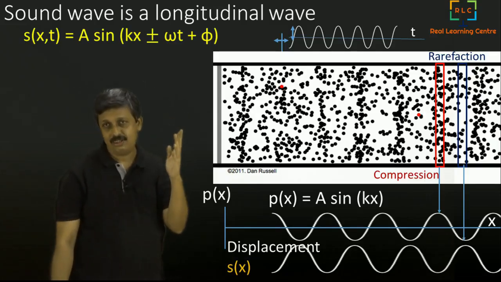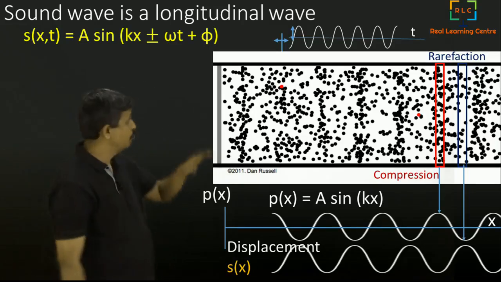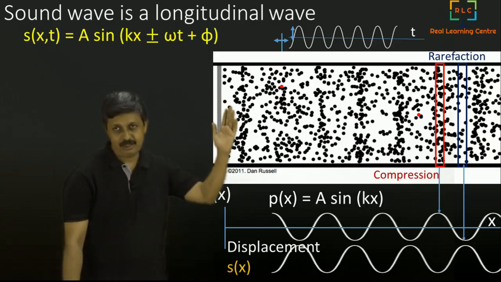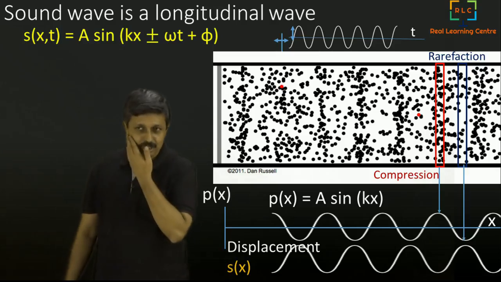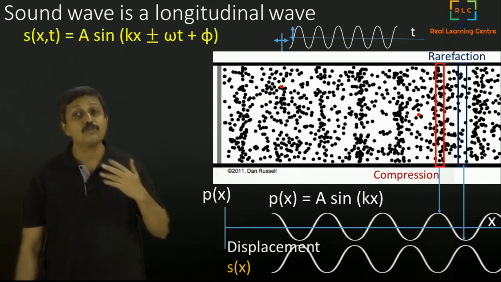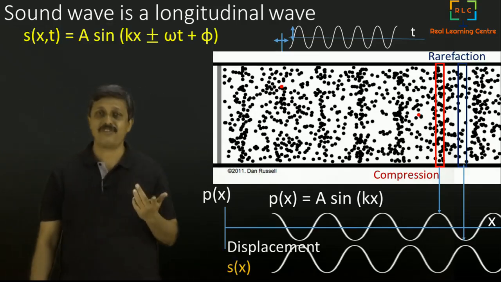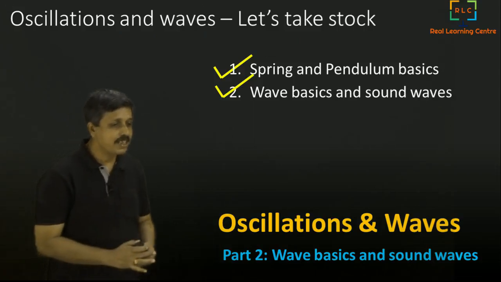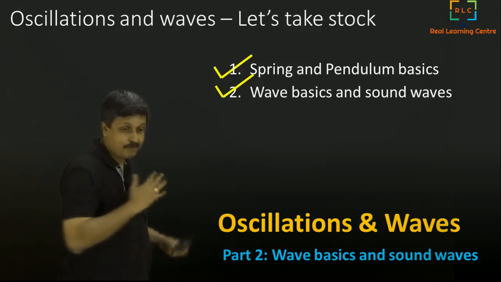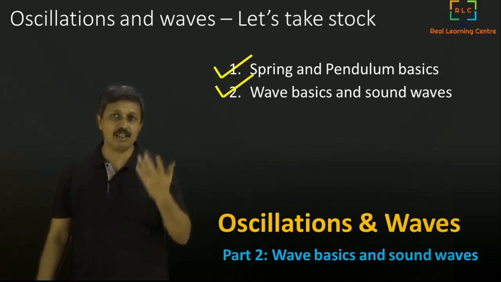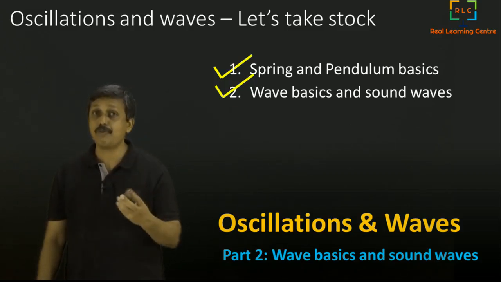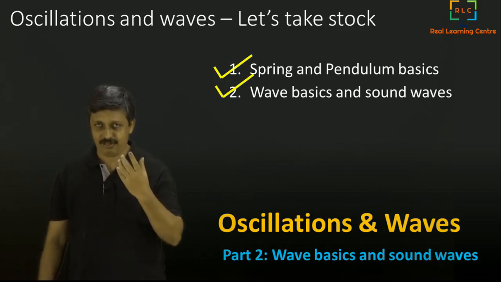A wave function is always a function of both space and time, that is x and t. If we understand that much, then we can progress and learn more on waves. So we have completed basically oscillations, waves, wave basics. When we get into hot topics, we can learn more about how to solve problems in oscillations and waves. Thank you.